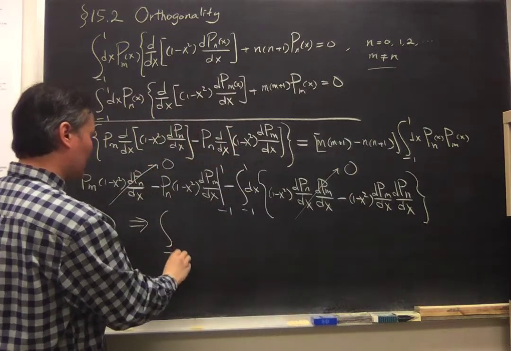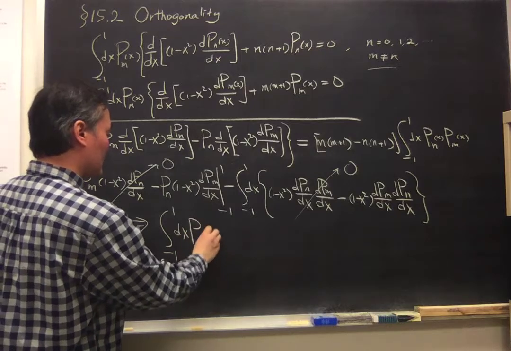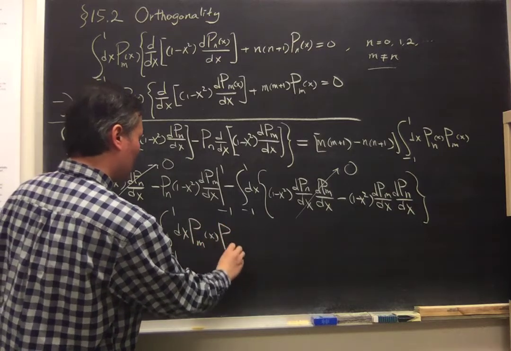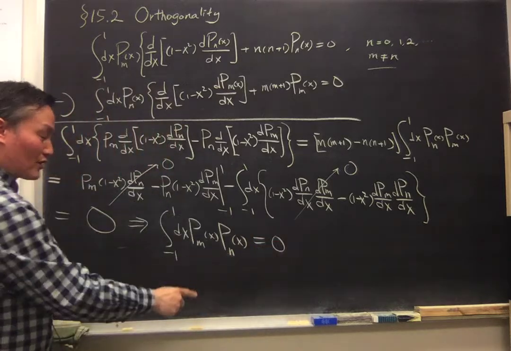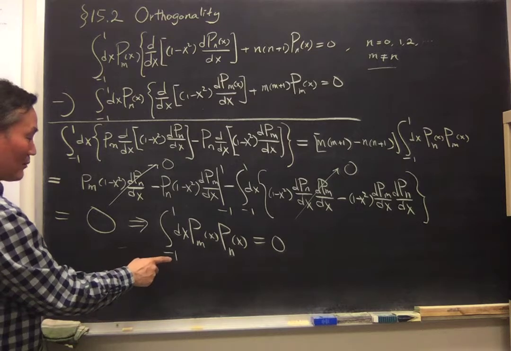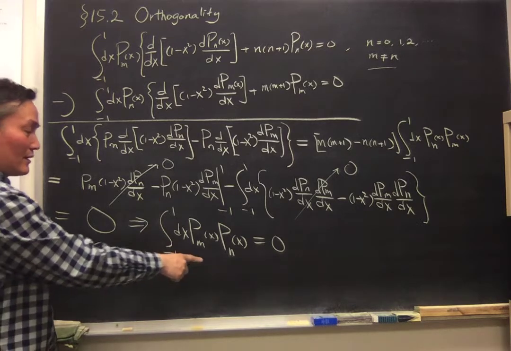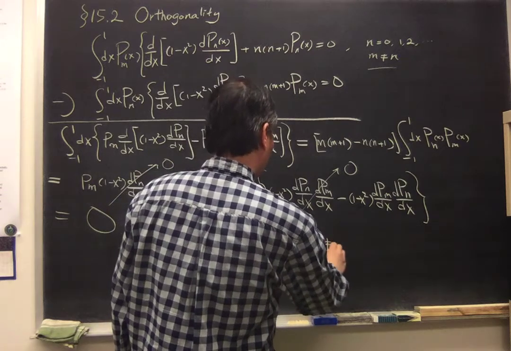This implies that the integral of the two Legendre polynomials multiplied together, from minus 1 to 1, is equal to 0 for m not equal to n.